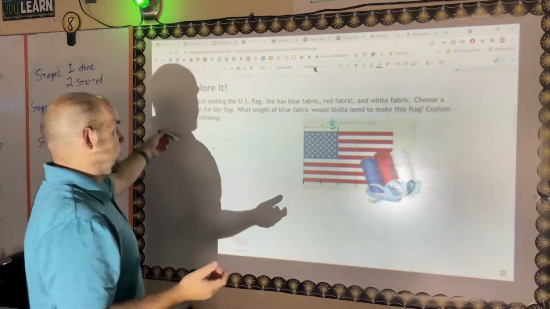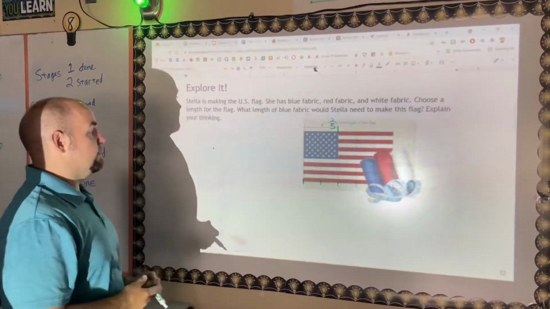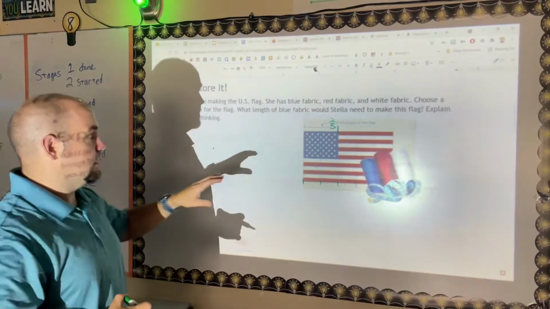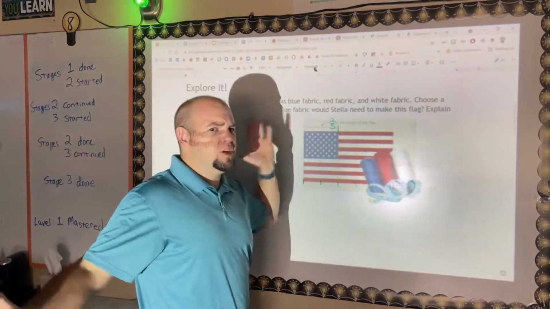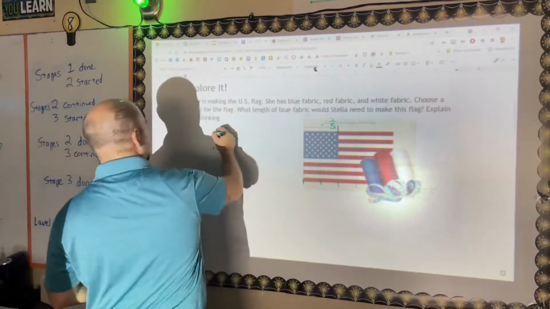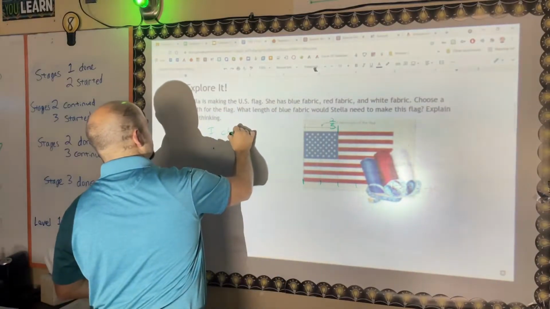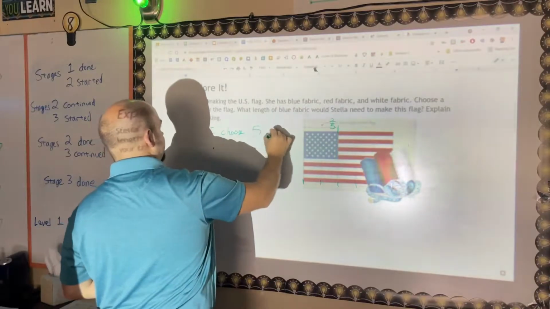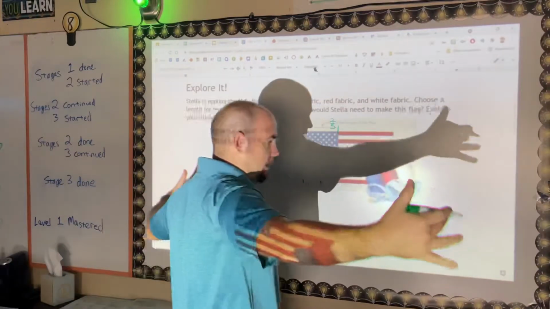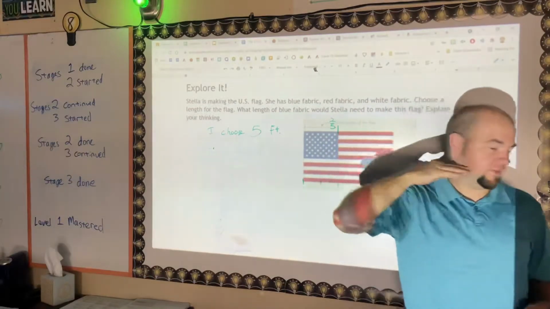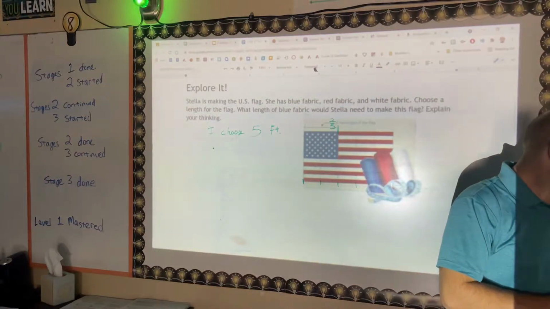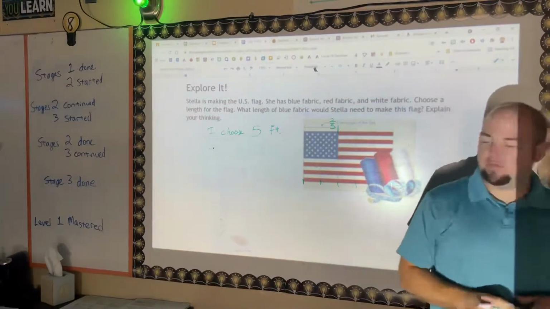So the prompt here I wrote says, choose a length for the flag, and then what length will we have for the blue? Randomly, I'm gonna choose 5. I choose 5, I'm gonna say 5 feet. She's making a rather large flag there. About this tall, that's 5 feet. What is she going to need for that?